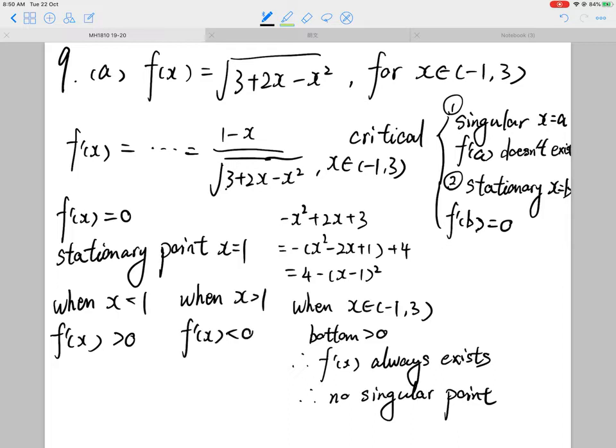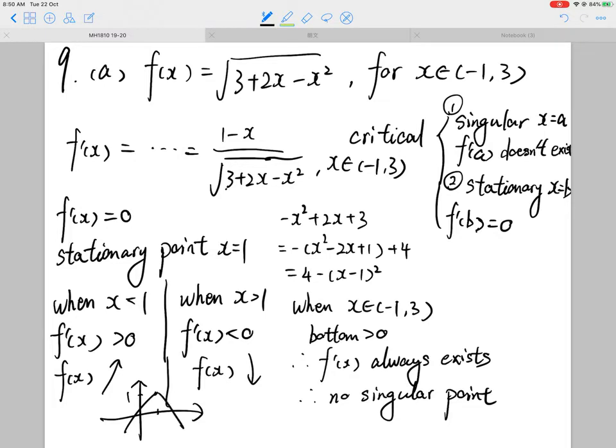smaller than 0, right? Which means when x is smaller than 1, the function is increasing, and greater than 1, the function is decreasing, which means this 1 is its local maximum.